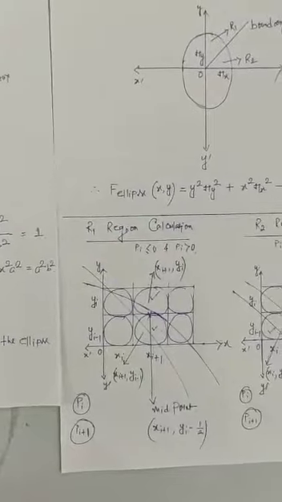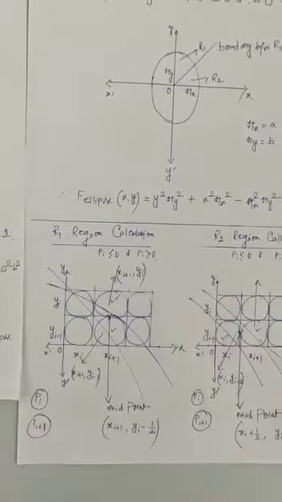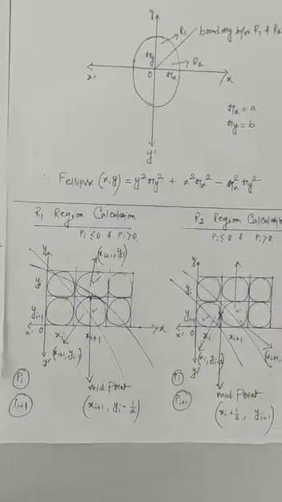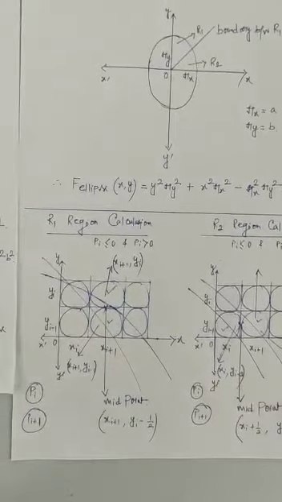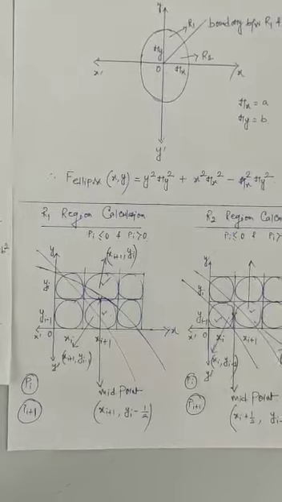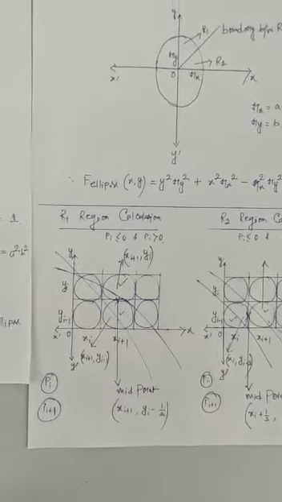Now there are two conditions. The first condition is if pi is less than or equal to 0, and the other condition is if pi is greater than 0. Here pi is the decision parameter. Based on this decision parameter pi, we can calculate the further pi plus 1 value, then pi plus 2 value, then pi plus 3 value, up to pi plus n value.